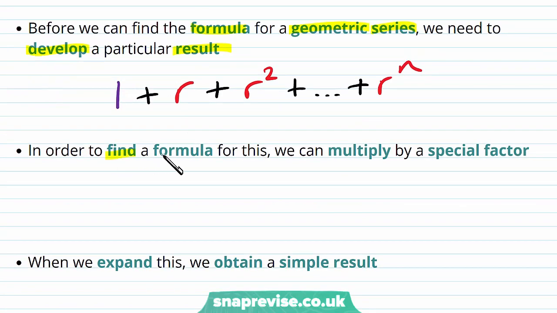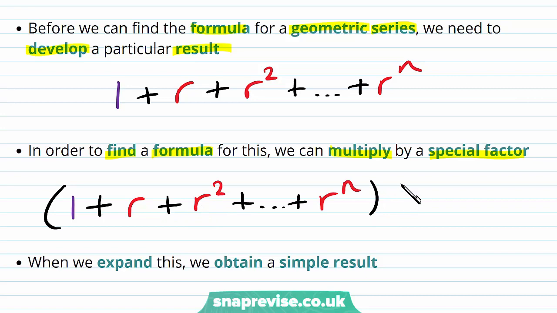In order to find a formula for this, we can multiply by a special factor. So we take our 1 plus r plus r squared all the way up to r to the power of n, and then we multiply by this special factor 1 minus r. At the end, we will divide by this to get our result.